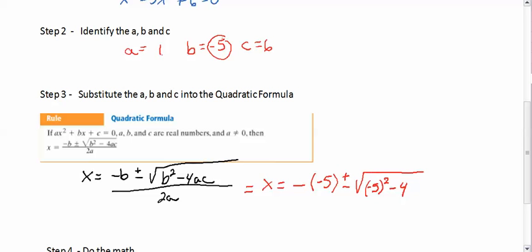And what's our a? Our a is 1. And then what's our c? Our c is 6. Okay, all over 2, and it's times a, which is 1.